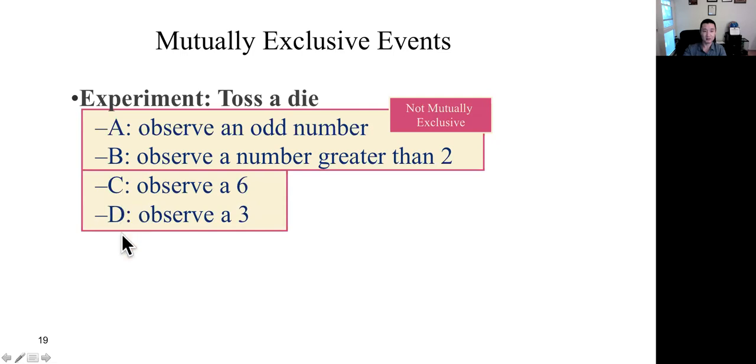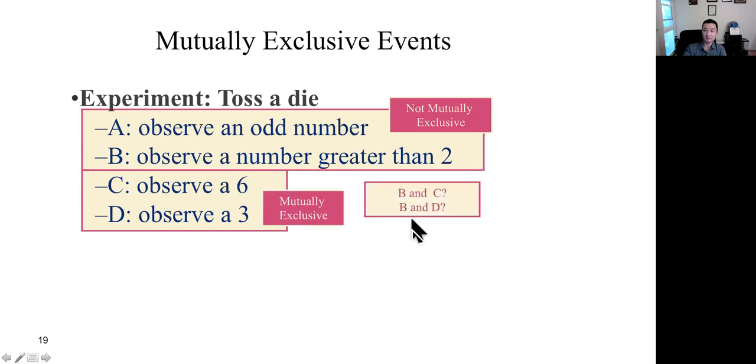How about events C and D? Event C is we observe a 6, and event D is we observe a 3. Are events C and D mutually exclusive? Yes. If we observe 6, we cannot observe 3 for a normal die. So events C and D are mutually exclusive. How about events B and C? Event B is greater than 2, so that's 3, 4, 5, 6, and event C is 6.